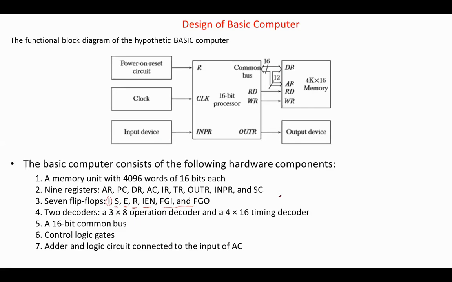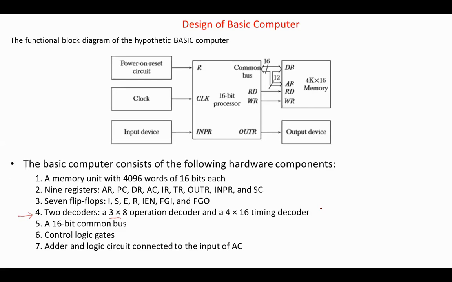The flip-flops can be of D or JK type. Two decoders, a 3x8 operation decoder and a 4x16 timing decoder. The 3x8 operation decoder is used to decode 3-bit operation code into 8 outputs, D0 through D7, to specify the type of operation.